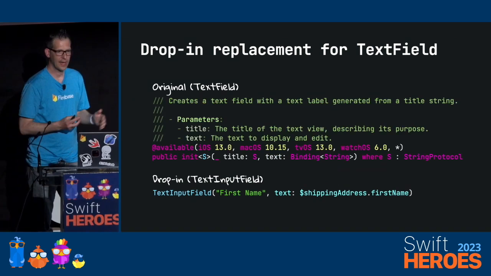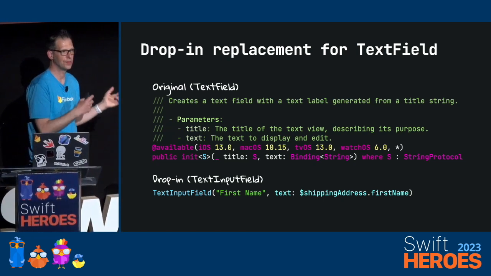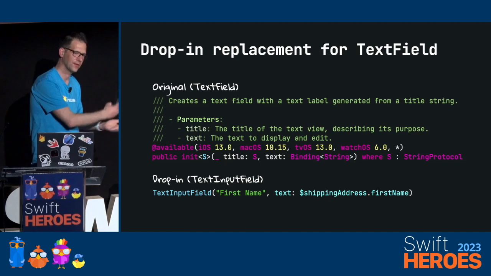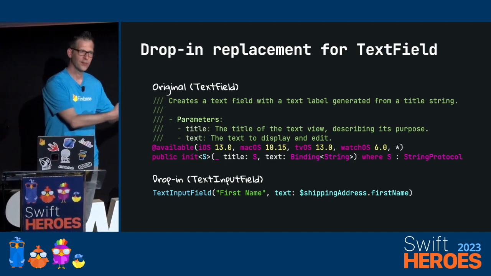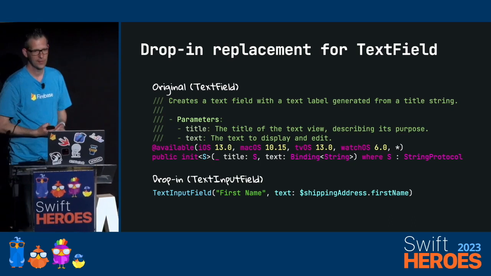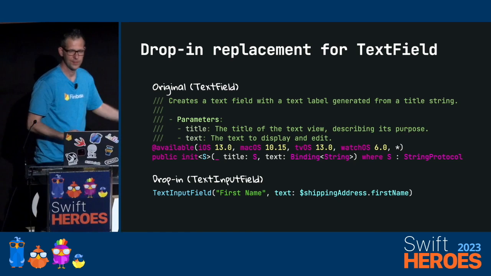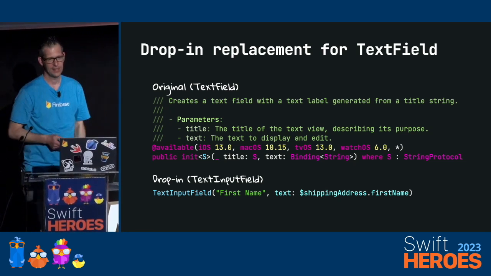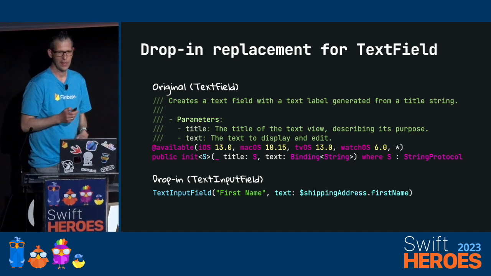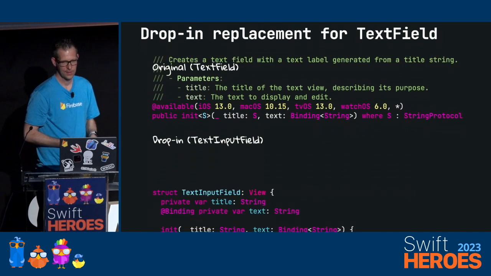So let's have a look at how this looks in the source code. You can navigate into the SwiftUI source code, well, the interface of the source code, because it's not open source. That would be another item for the wish list. Make it open source, please, so we can understand, is it a bug or is it a feature? All right, so this is the signature of the text field, and I want my text input field to behave exactly like that.